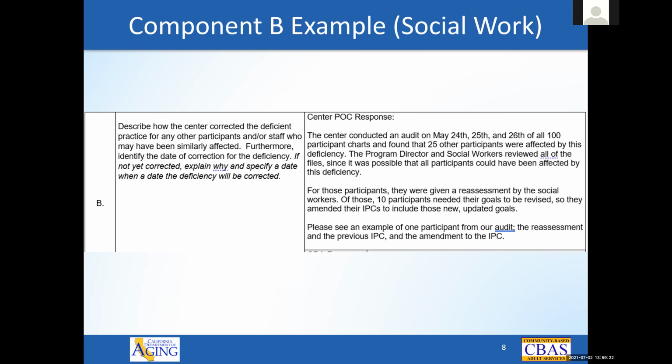For those participants, they were given a reassessment by the social workers. Of those, 10 participants needed their goals to be revised, so they amended their IPCs to include those new updated goals. Please see an example of one participant from our audit, their reassessment and previous IPC, and the amendment to the IPC.